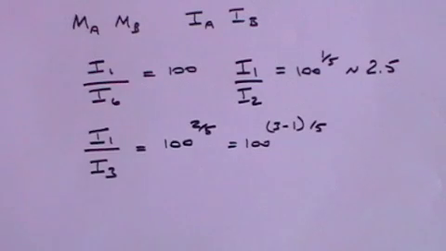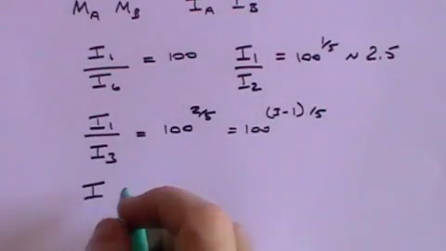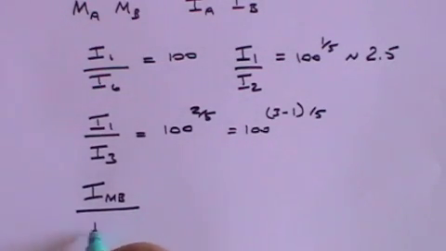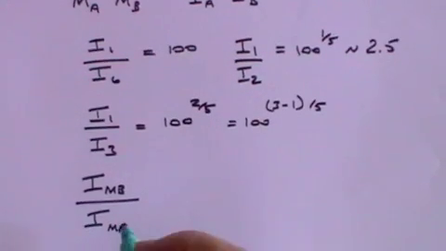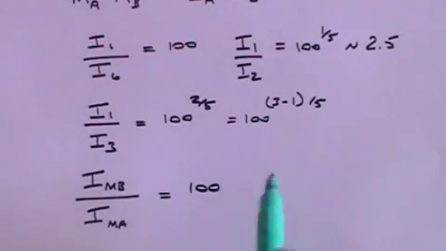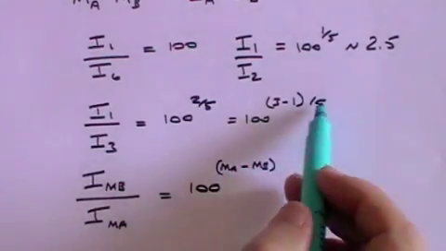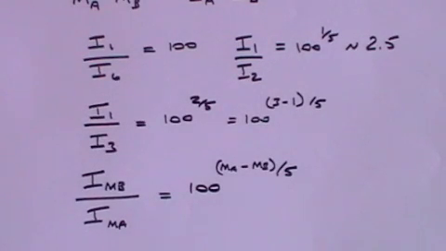So more generally, the intensity of a star that has magnitude MB divided by the intensity of a star with magnitude MA will be 100 to the (MA minus MB) divided by 5. And that's the general formula for the intensity of a star of magnitude B divided by the intensity of a star of magnitude A.